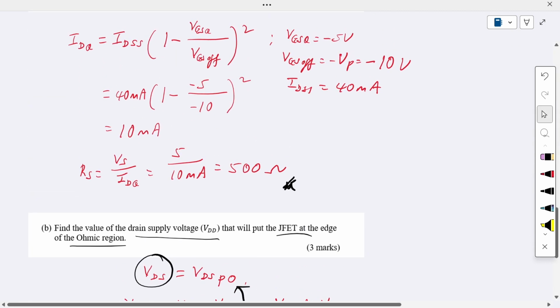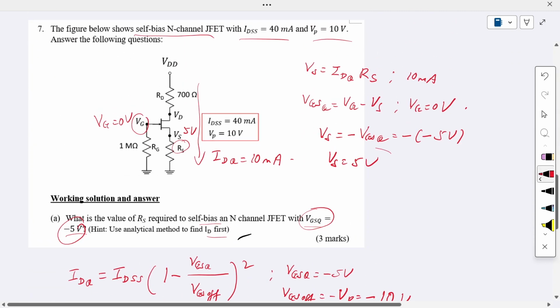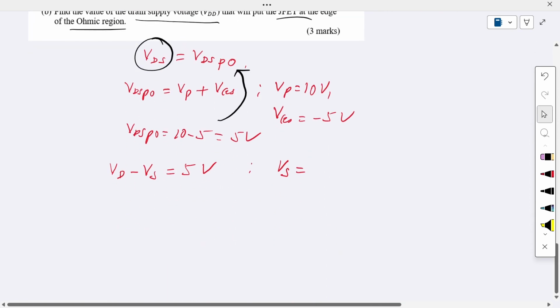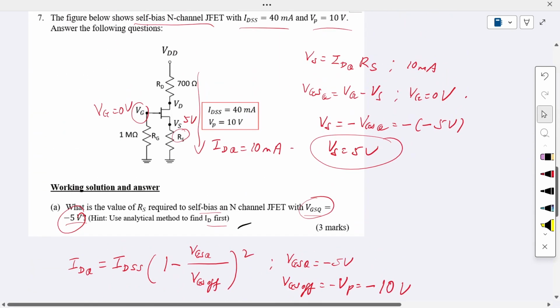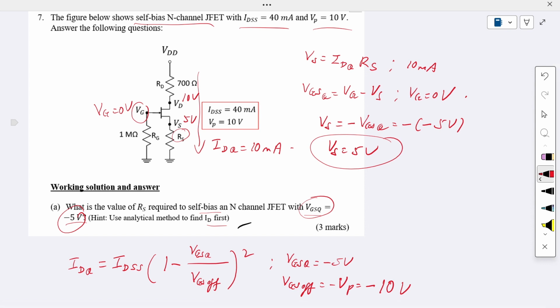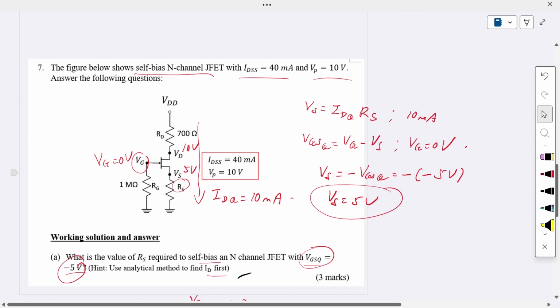The Vx we already found out here, which is 5 volt. So we can substitute over here. That means the VD is equal to 5 volt plus 5 volt, that must be equal to 10 volt. So if this VD is 10 volt, then it will put the JFET at the edge of the ohmic region.